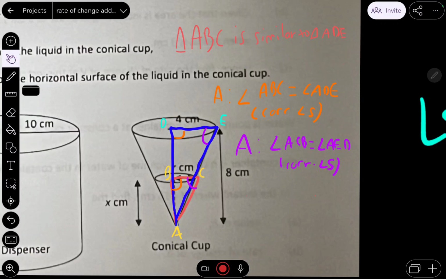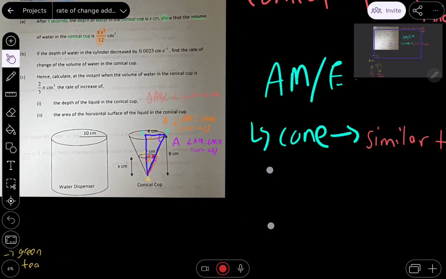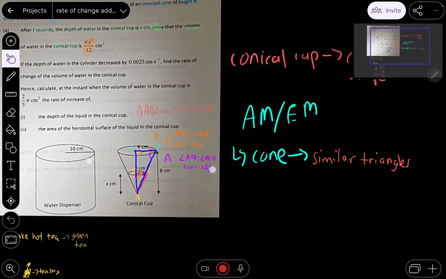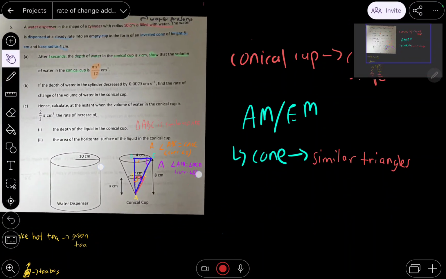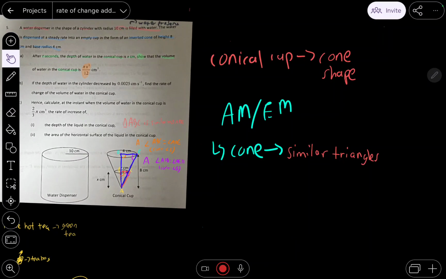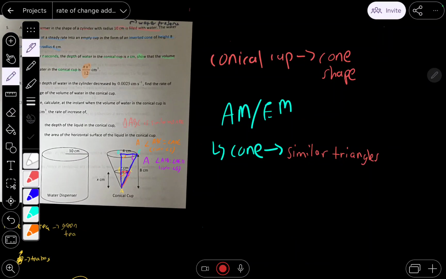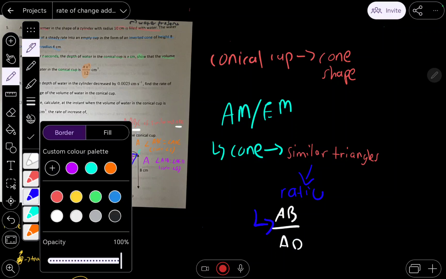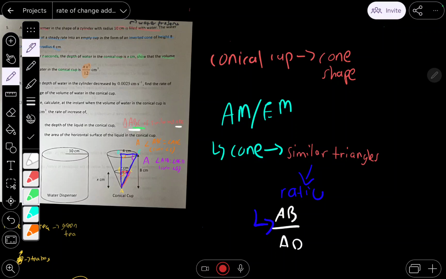Alright, so let's look back at the question. If we know that triangle ABC is similar to triangle ADE, whenever you see similar triangles, furthermore, I want you to know that you can use your ratio. The ratio here will be AB over AD. Okay, AB over AD is the same as BC over DE.